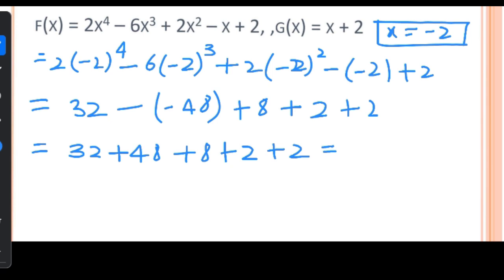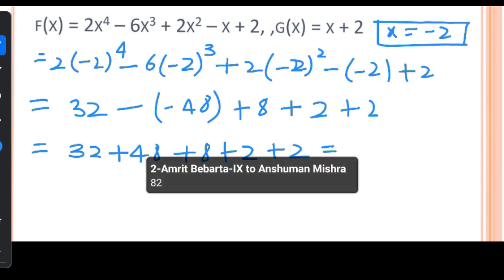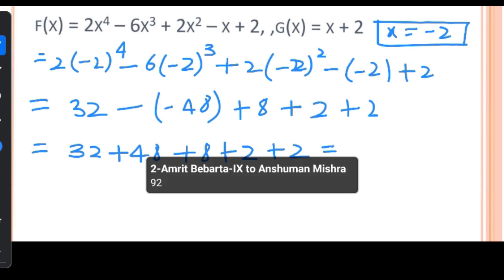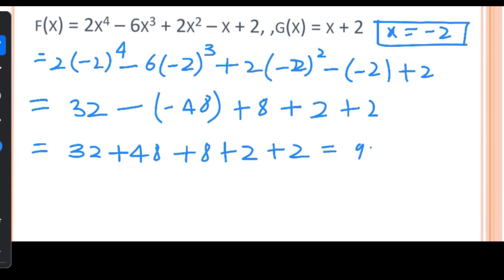How much are you getting? 92, right? Check everyone, has everyone got 92? I hope everybody has gotten 92. Okay, so if you have gotten 92, let us move on to the next question. And if you haven't gotten 92, solve it again sitting after class.